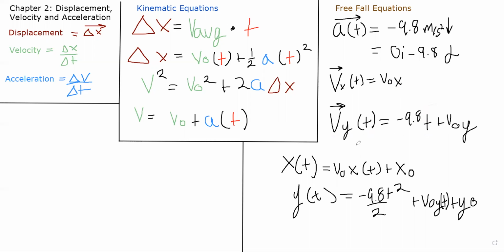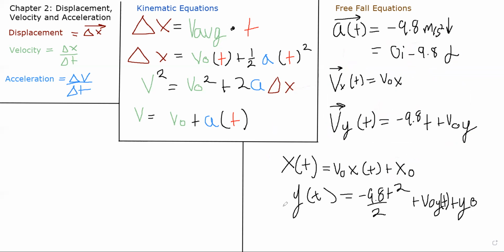Now if you integrate that again, when you integrate acceleration, you get your velocity. You integrate this to get this. You integrate this to get this. You do that once, and then you integrate a second time using this to get your x position, and it'll give you your v0x times t plus a new constant, which is your initial position of x.